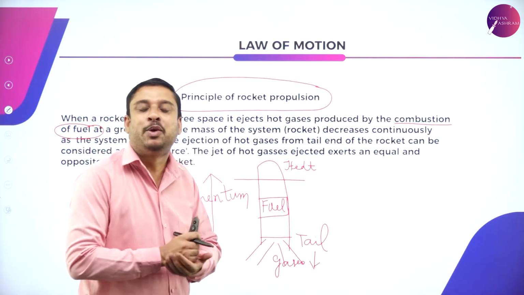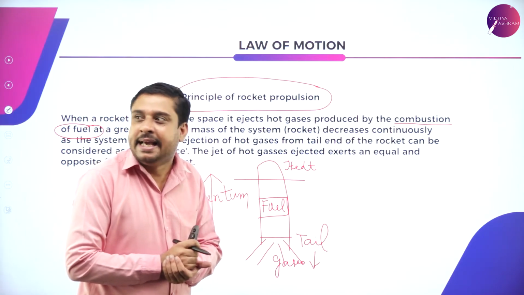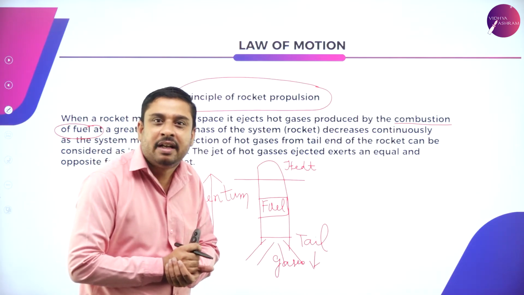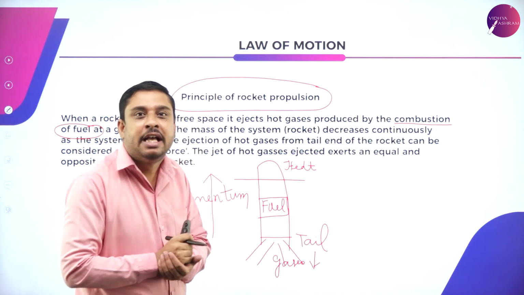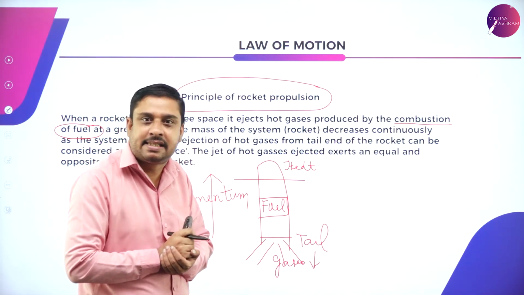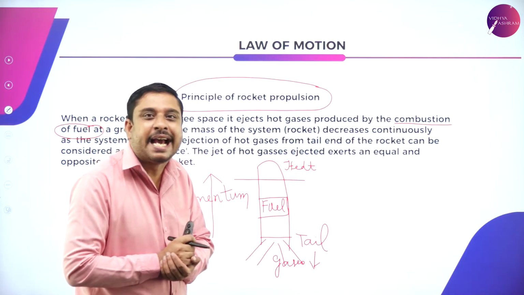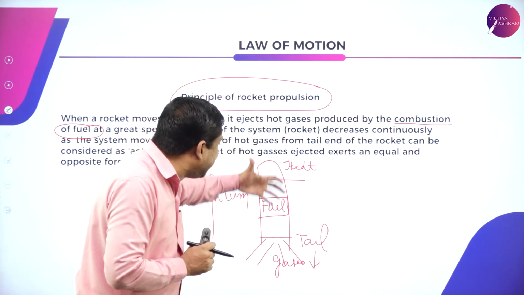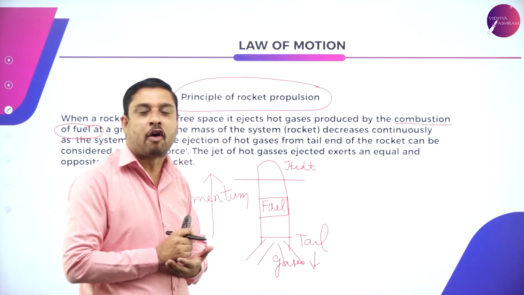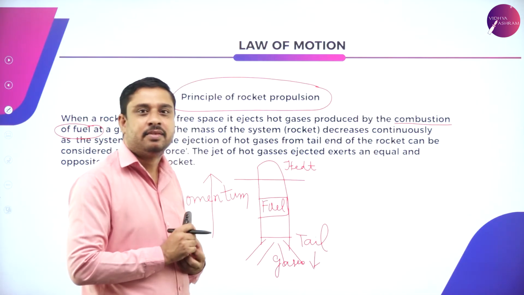See how beautifully again linear momentum is getting conserved. There is combustion of the rocket propellants, the fuel, all extra gases are thrown from the tail of the rocket downwards.